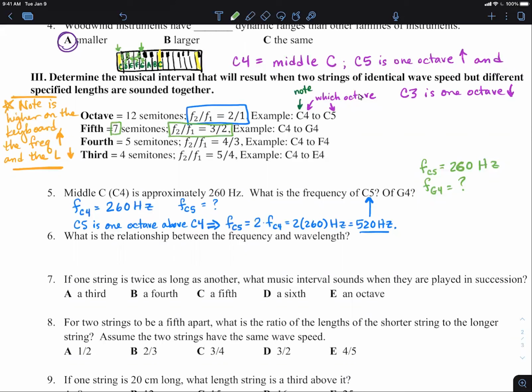That means F of G4 will be 3/2 F of C4. That means F of G4 will be 3 divided by 2 times 260 hertz, or 390 hertz when you multiply that out on your calculator.